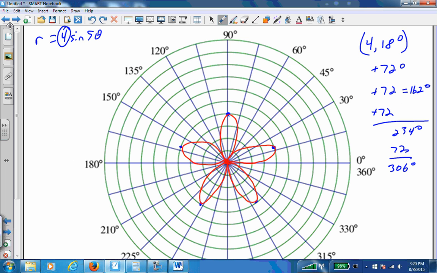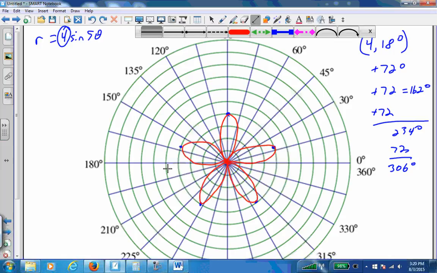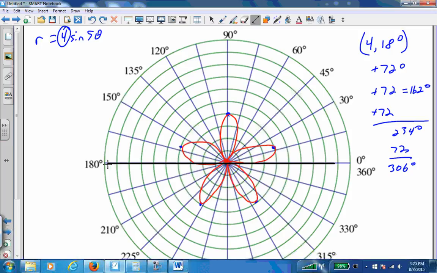We go back and look at our graph. If I'd have done a better job of drawing this, then at 0 degrees, we should be tangent to our graph. At 36 degrees, which should be in here, we would also be tangent to the graph at the pole. So let's erase this.